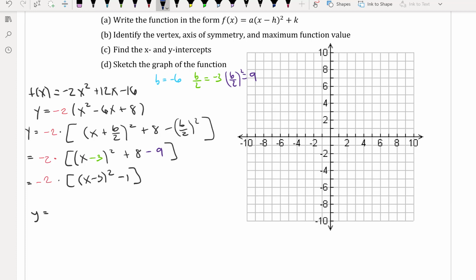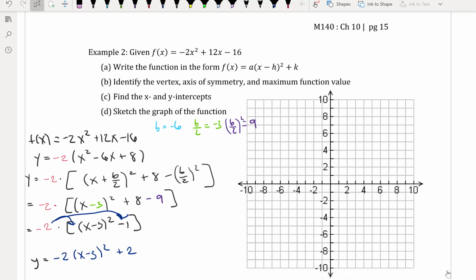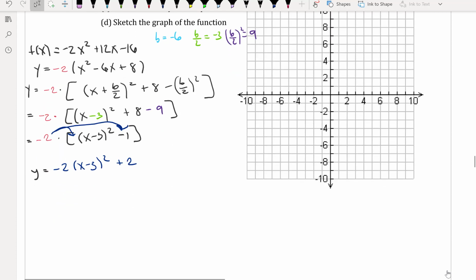So I'm going to distribute that inside. So I'm going to have a -2 x minus 3 squared plus 2. So all of those steps lead me to the function in that vertex form.